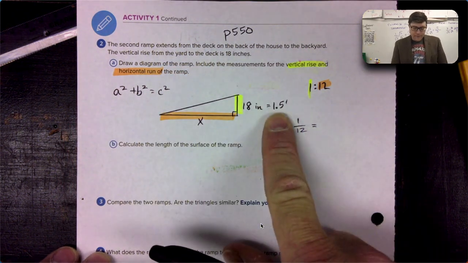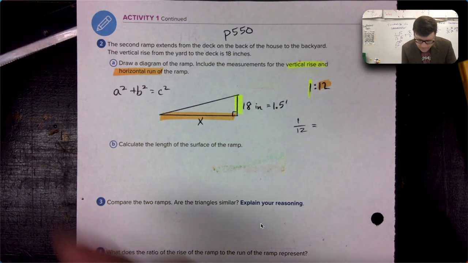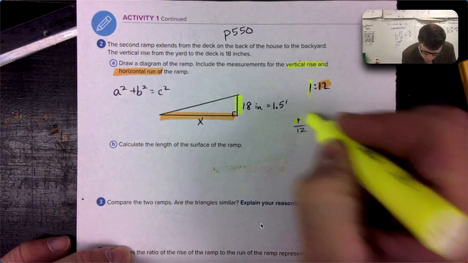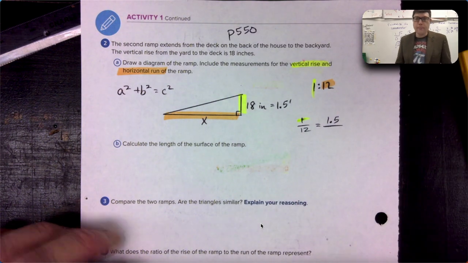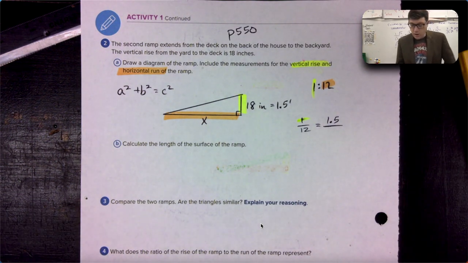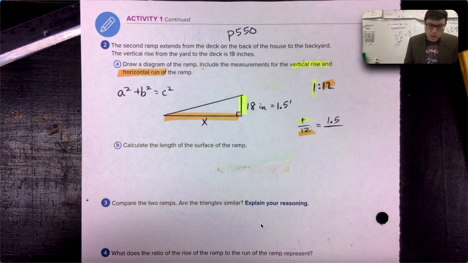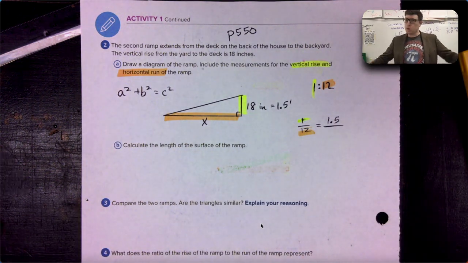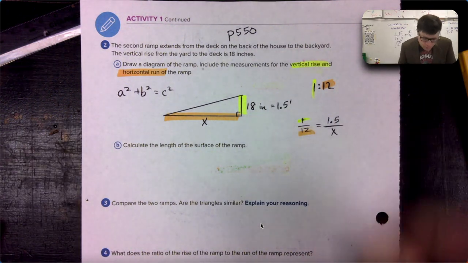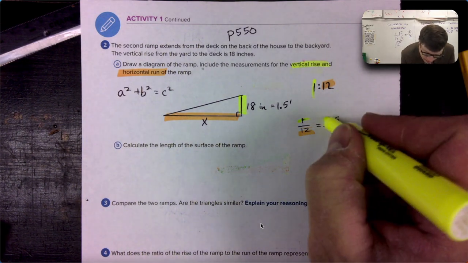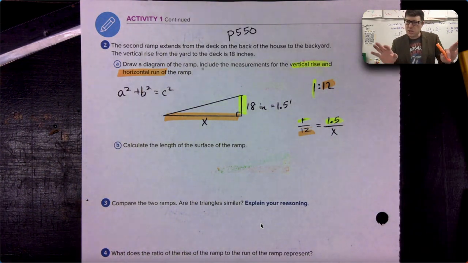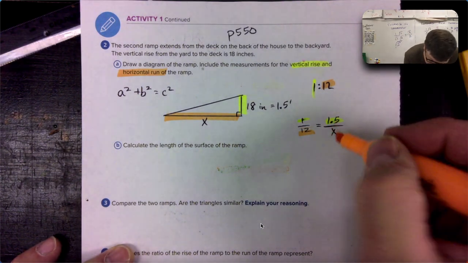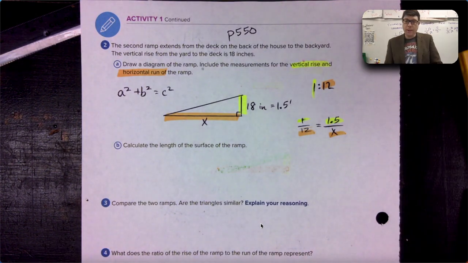So since 1.5 is like the 1 in the ratio 1/12, then I'm going to write 1.5 as the top of its own fraction. Now, x is in the run location, just like 12 is in the run. So we have 1.5 rise, that's feet, that's 18 inches, so everything's still staying the same. And we have x for run going on the bottom.